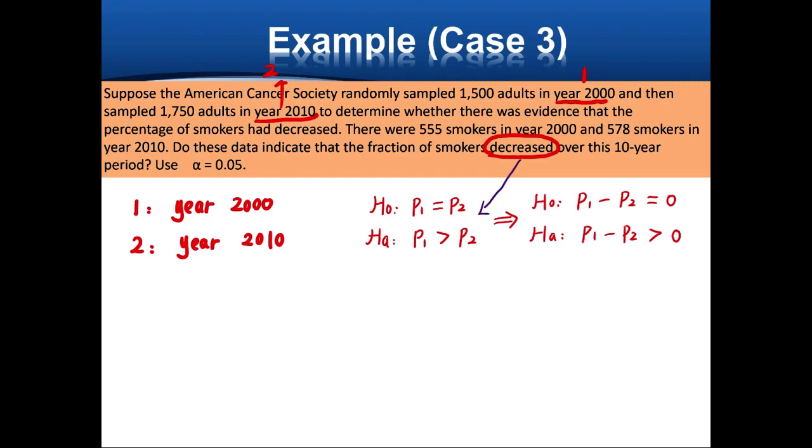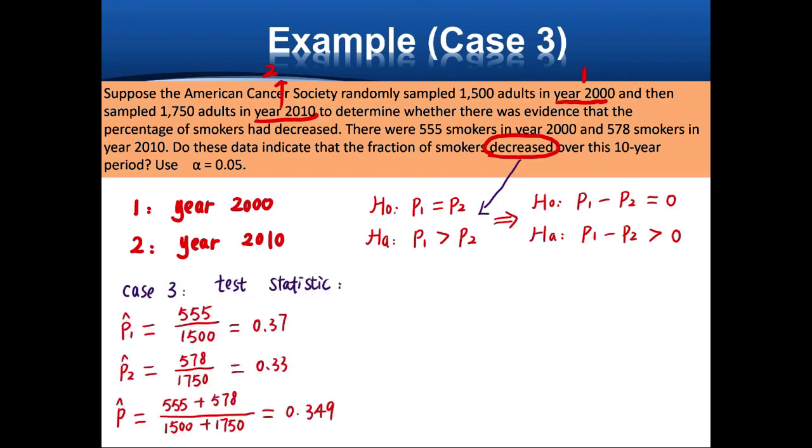And one more step for H0, HA, we usually write as P1 minus P2. So HA, P1 minus P2, bigger than 0. This is a one-tail problem, and this is case 3, large independent proportion problem.